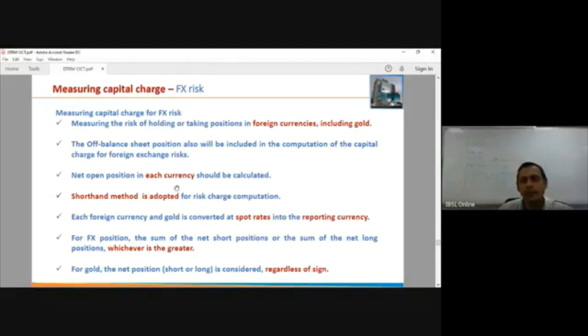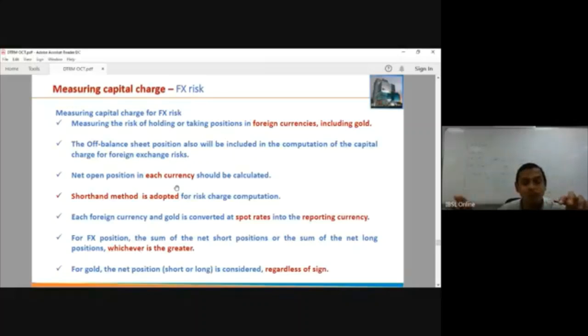So shorthand method says you add up all your long positions separately, add up all your short positions separately. So now you have the total of long position and total of short positions, right? Then you take whichever is higher.